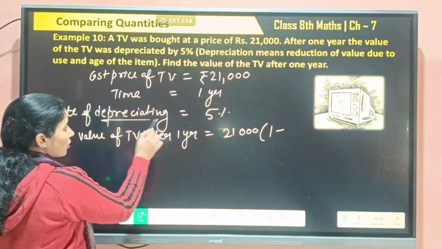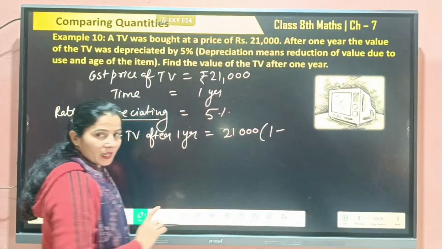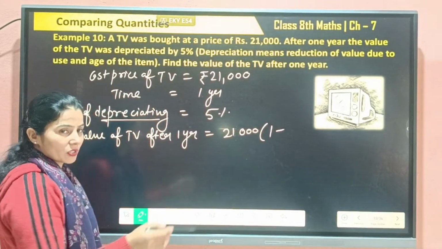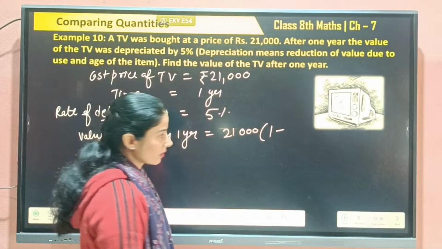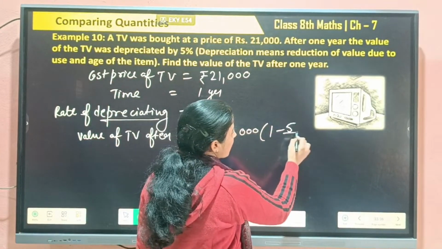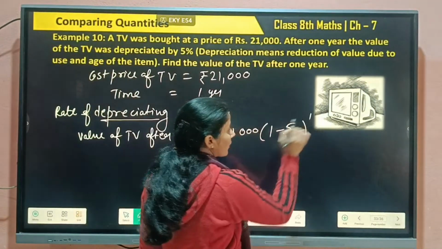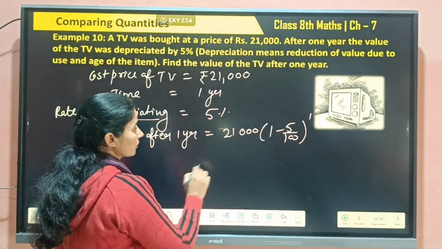So in place of plus you are going to write minus. Depreciating means it is decreasing by 5%. So 1 minus 5 by 100 and its power 1.